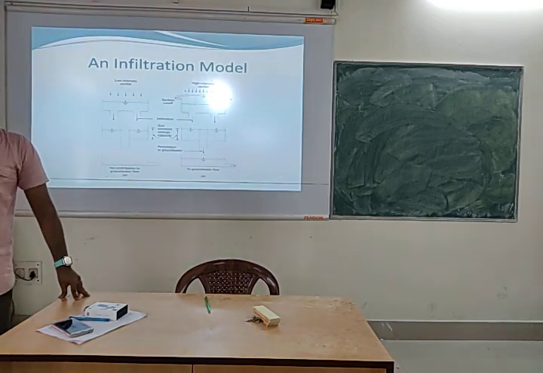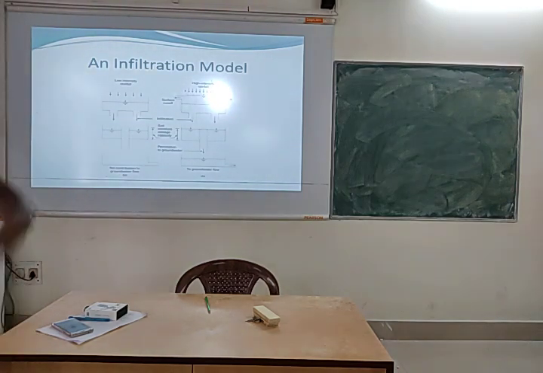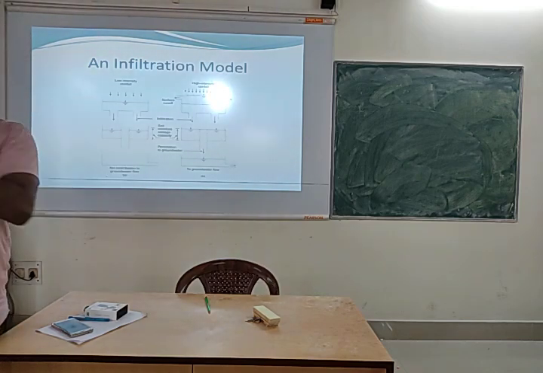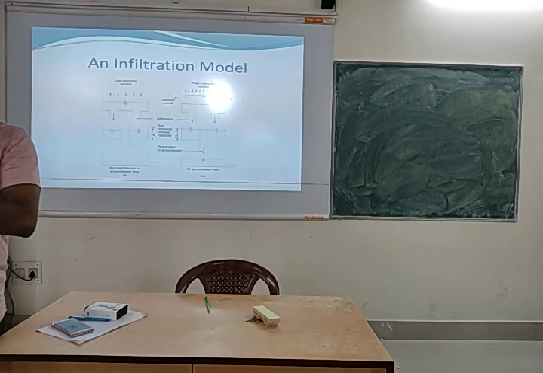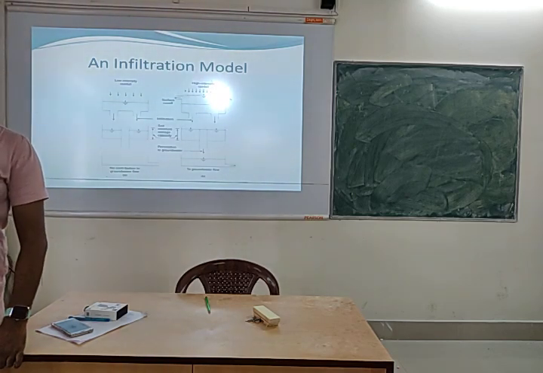And then what is the infiltration rate right now in the left hand side case? The total rainfall which is occurring is being infiltrated, that is the total amount of infiltration. So the infiltration rate right now is equal to the amount of the intensity of rainfall, because it is having a larger capacity.